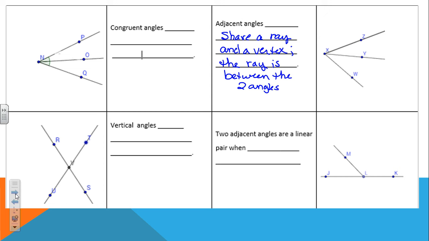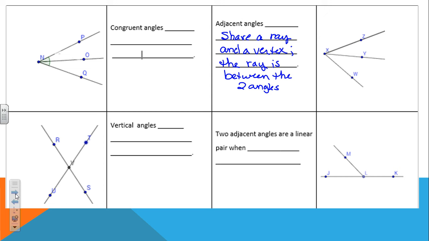I think we can see it and know it and look at it and be fine with it, but our book actually comes up with a definition for adjacent angles that says adjacent angles are two angles that share a common vertex and side, but they have no common interior points. No common interior points. That means they don't overlap. Does that make sense?